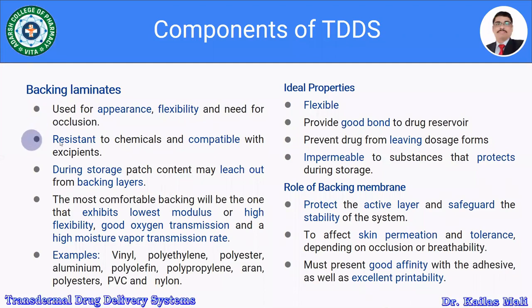It should be resistant to chemicals and compatible with the excipients which are used in the TDDS. During the storage period, there might be chances of leaching of the patch content from the backing layer.